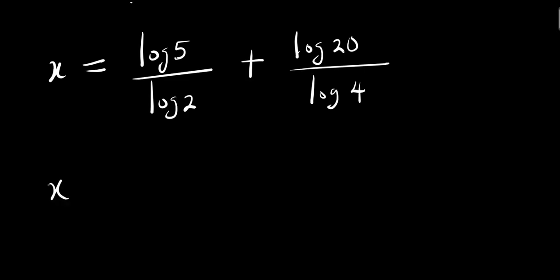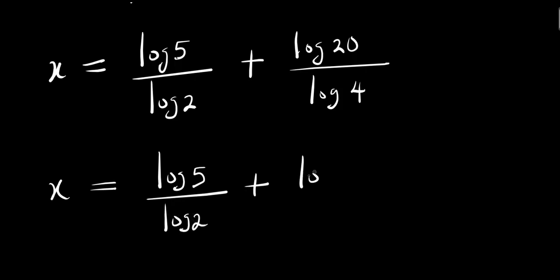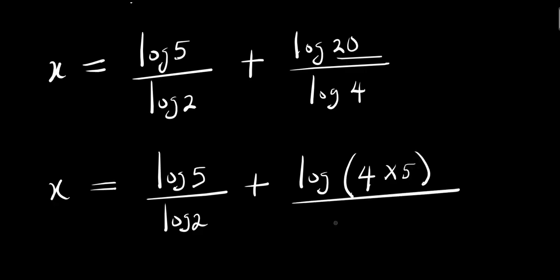Now I can have x equals log 5 divided by log 2 plus log 20. I can express it as 4 times 5, divided by log 4.